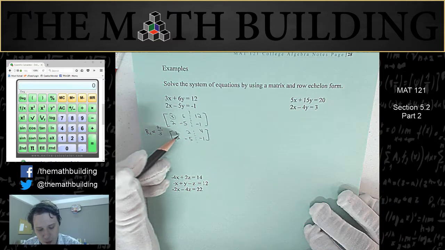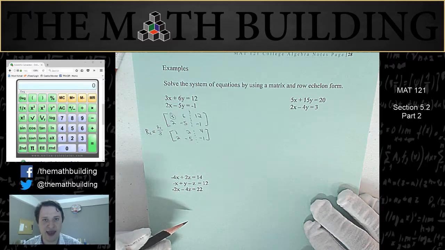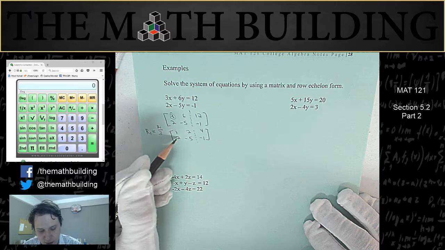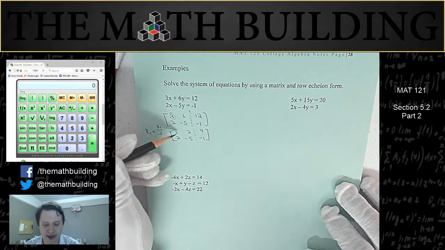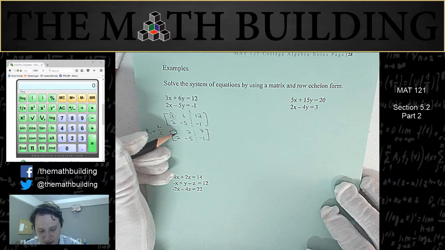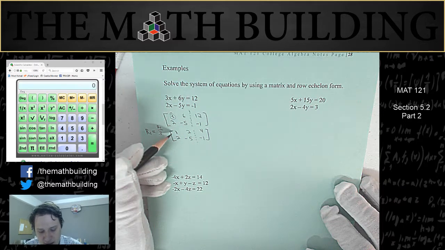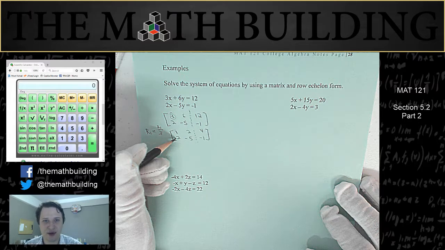Once this number is a 1, the next goal is to make everything below it a 0. So here's a 1. This is not a 1, so we need to make it a 0. And the only way we can do that is by adding this row to this row. Because this is a 1, all I need to do is multiply it by -2 and then add that down.